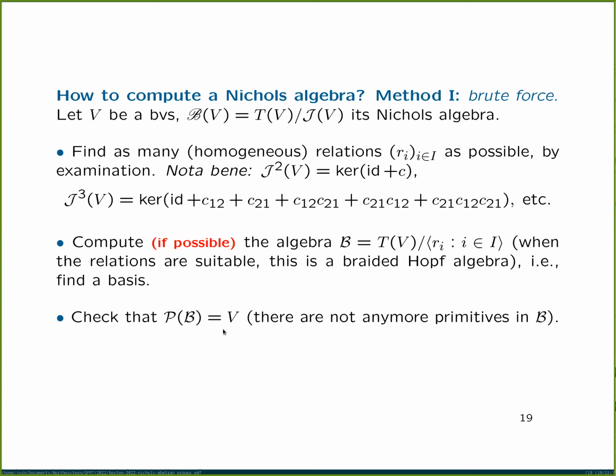But if you go to cubic relations, you have this. And of course, you know what happens for 𝕊_n, so it is very difficult to compute the relations of degree n, even for small n.